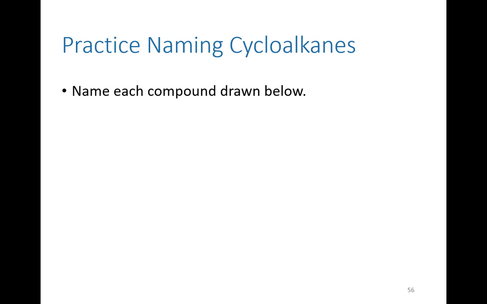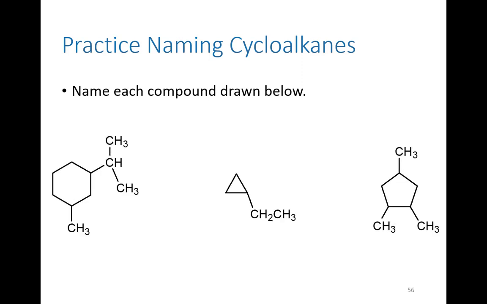So let's go ahead and take a look at these compounds. And rather than pause the video, we're just going to go ahead and name them. Our first compound on the left has a ring with 6 carbons in it. That would be hexane, but since it's a ring, it's cyclohexane.